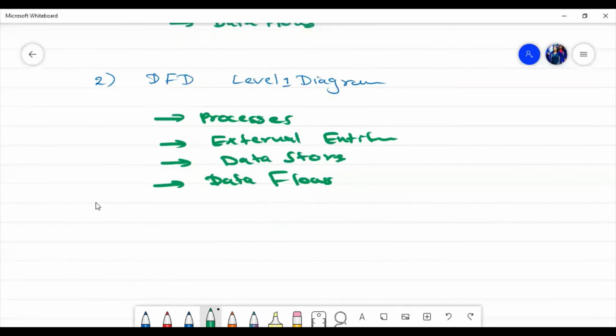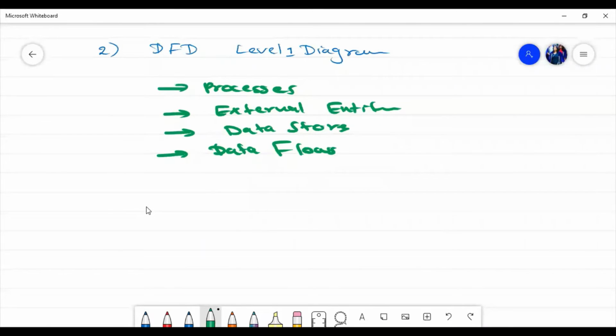For your understanding, I'll explain level 2 as well. This is not inside your syllabus. DFD level 2: what we are doing is, we are taking one process from the level 1, just one process, and dividing that process into sub-processes. Clear?